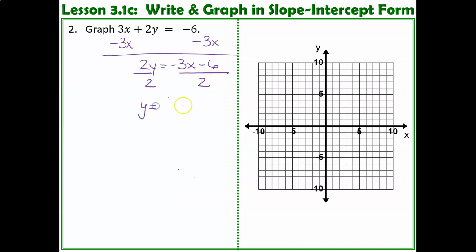So I have y equals negative 3/2 x, and negative 6 divided by 2 is negative 3. So I'm going to start here on negative 3. I'm going to go down 3 over 2. This time I'm going to put my negative sign on the 2, so I'm going to go up 3, left 2.